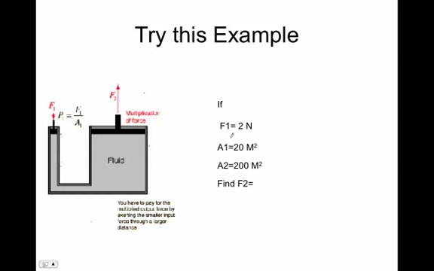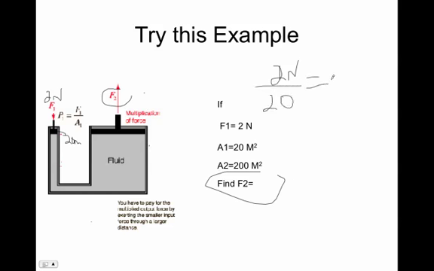Let's see if we can figure this one out. Here's our hydraulic press. F1 is 2 newtons. We don't know what F2 is. Area 1 is 20 meters squared. Area 2 is 200. How much is F2? Well, let's set up our ratios. 2 newtons, which is F1, over 20 is equal to F2 over 200, which I'm trying to find out.